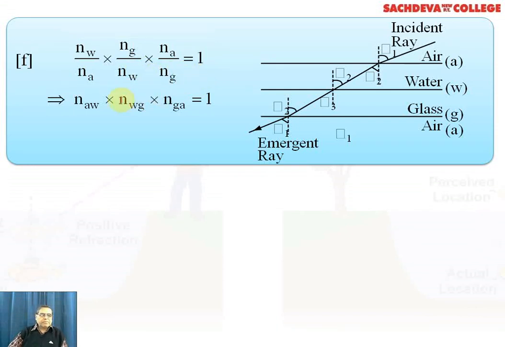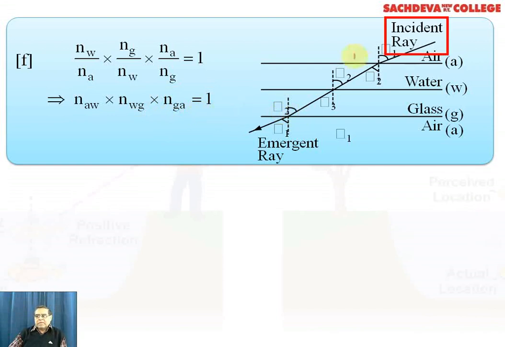The first part is NW over NA, the refractive index of water with respect to air. The second is the refractive index of water with respect to glass, and the third fraction is the refractive index of glass with respect to air. So NAW multiplied by NWG multiplied by NGA equals 1. And this is indicated in the adjoining figure.